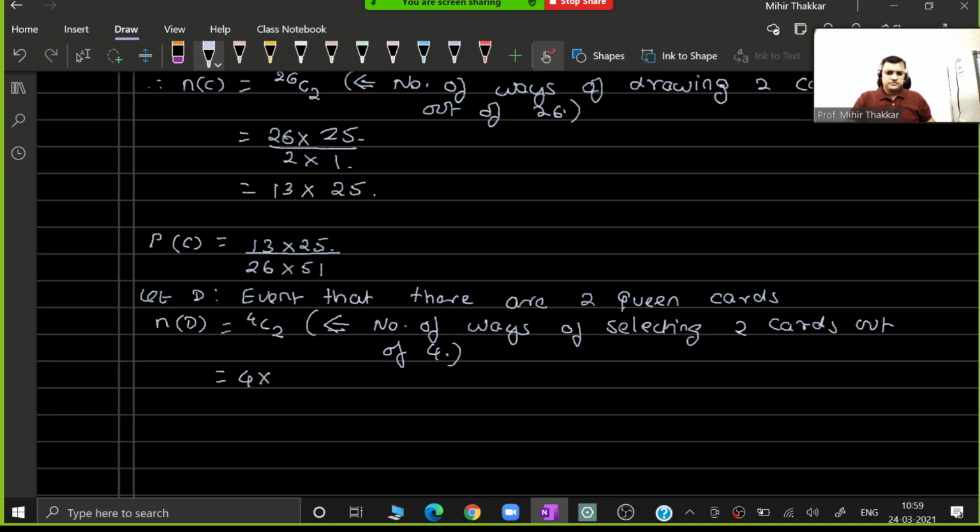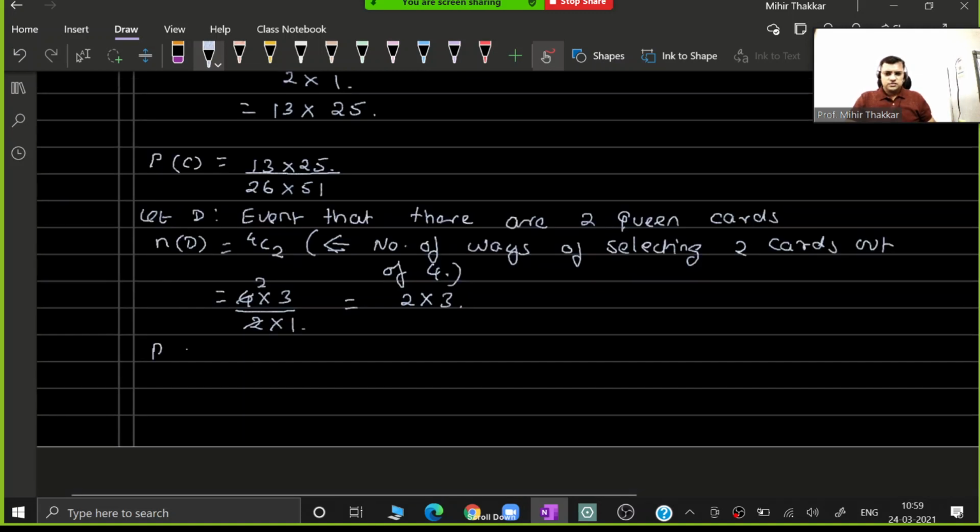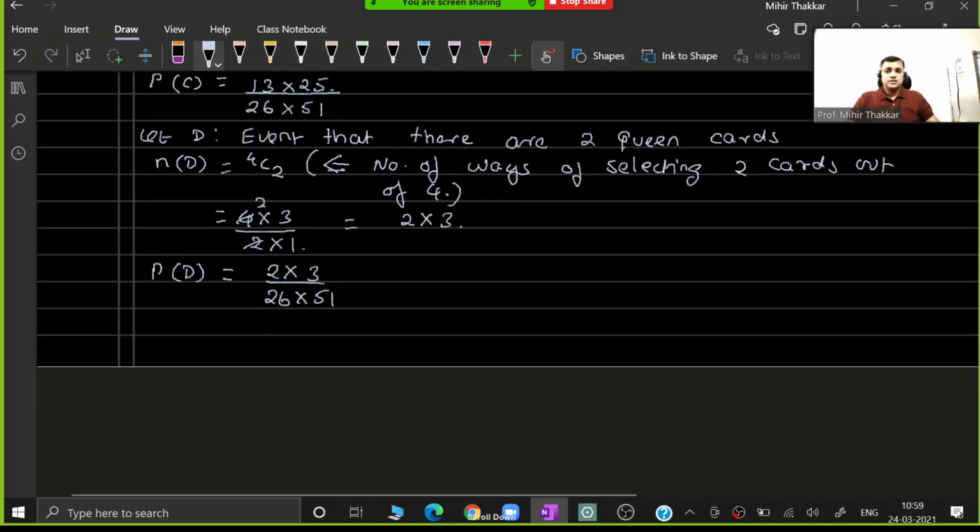This is 4 into 3 upon 2 into 1. This becomes 2. That is 2 into 3. So P of D comes out to be equal to 2 into 3 upon 26 into 51. I will leave it as it is. I will not do any simplification over here.